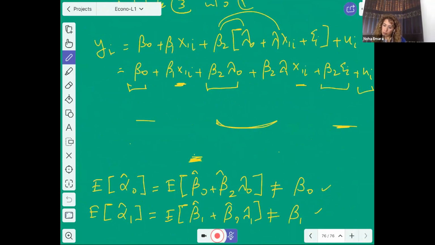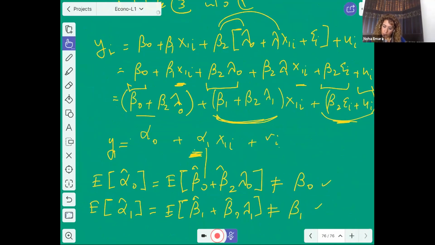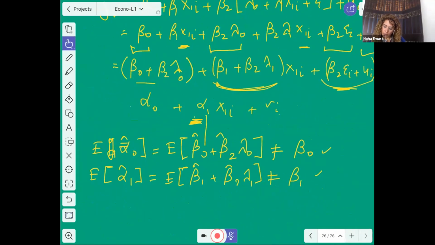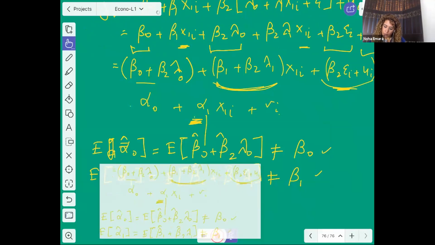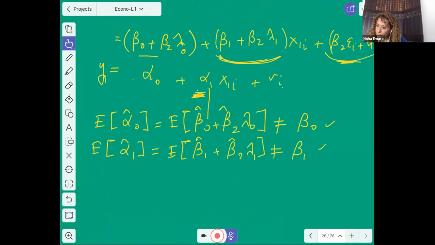So let me just take this up here. Okay, so the one that I want you really to focus on is, if you look at this component, it's equal to this component. But I have a certain additional part here that is making the problem.